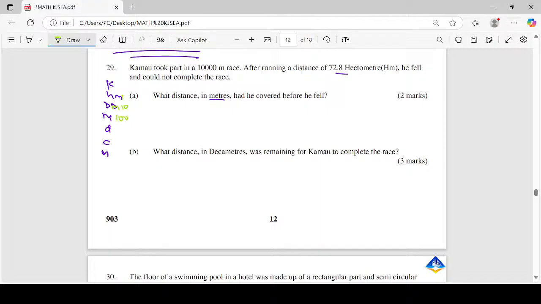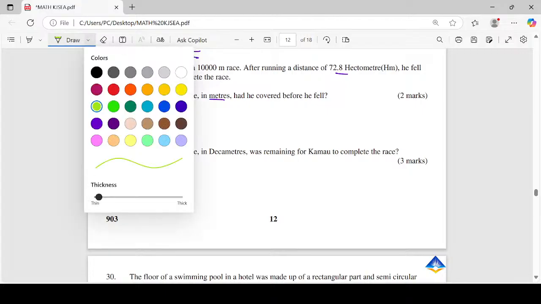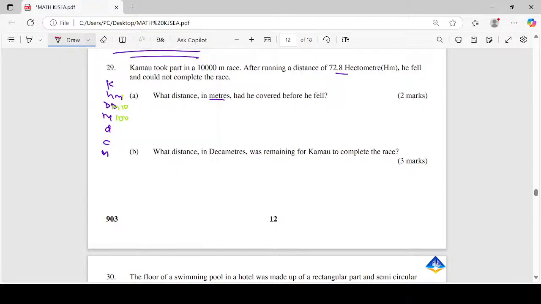If you now know that, it becomes quite easier on your side because you know that 1 HM, which is hectometer, is equal to 100 meters. What about 72.8? This is 72.8. Multiply this by 100.